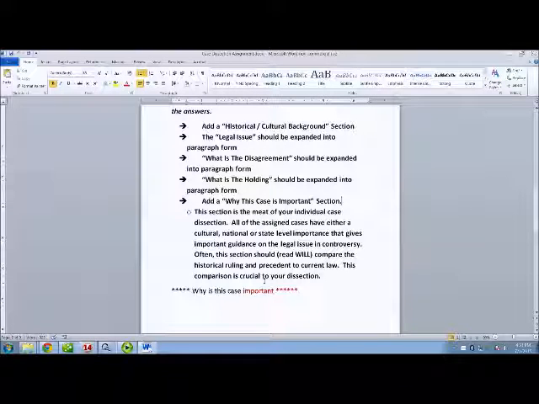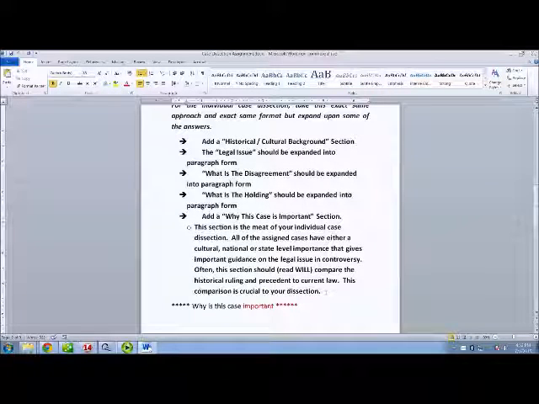If you aren't checking to see if your case is good law, then you aren't doing it right. Mr. Caldwell and Ms. Hicks, particularly important, you should check and see if those cases still count. And then you want to compare that to the current law. If your case has been overturned, tell us what case overturned it. Tell us how things have changed.